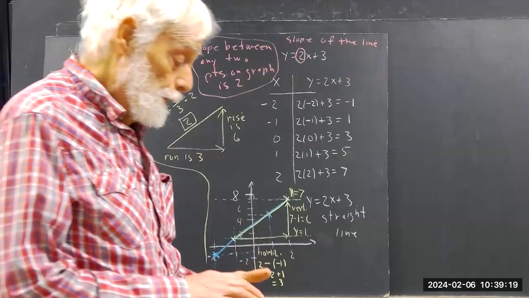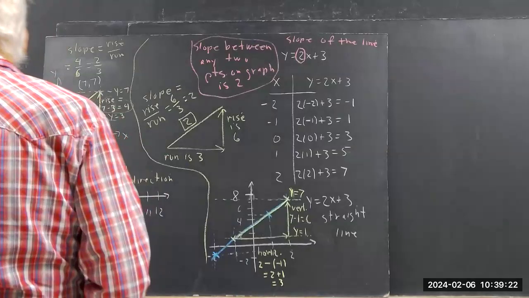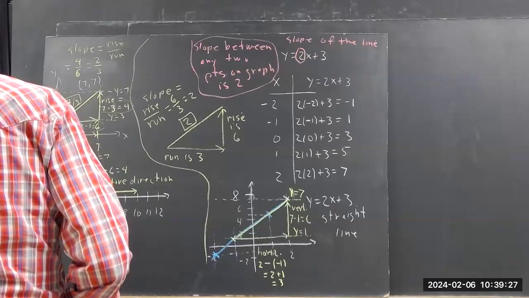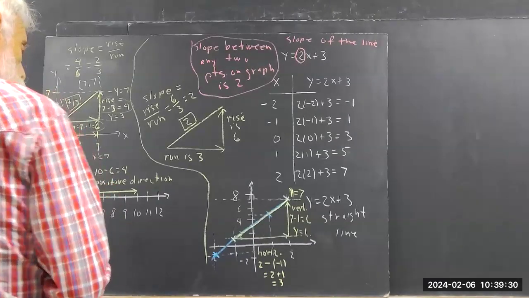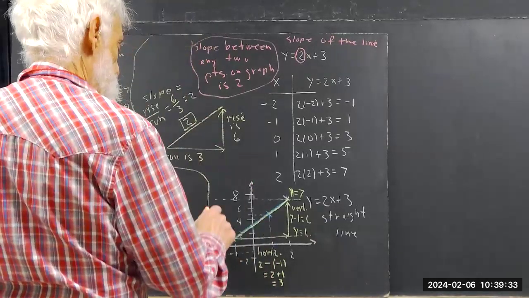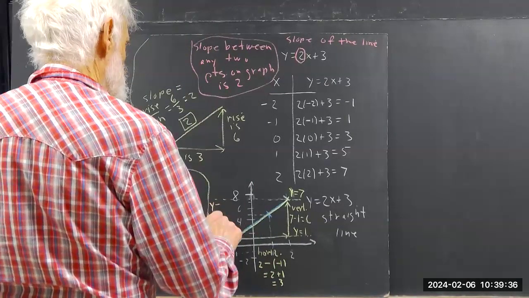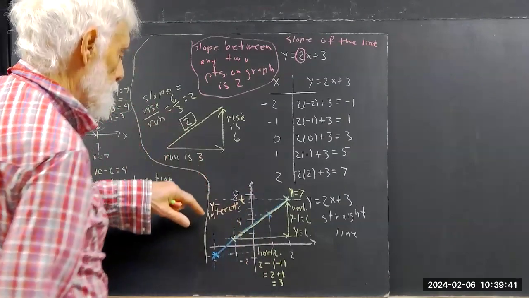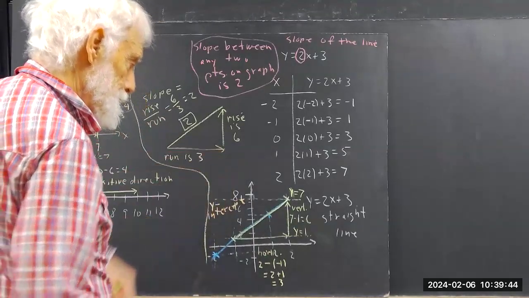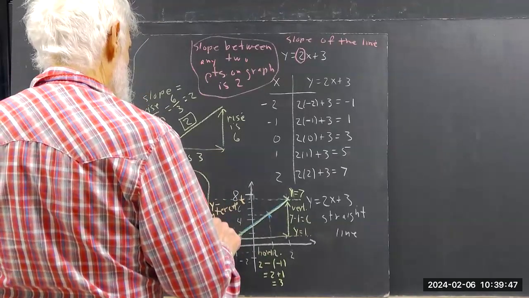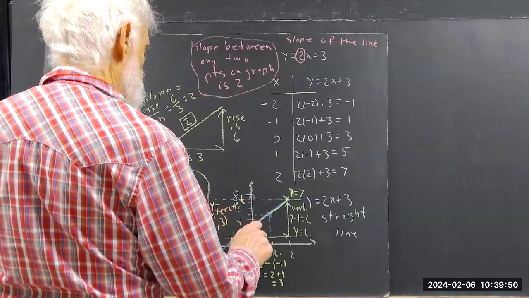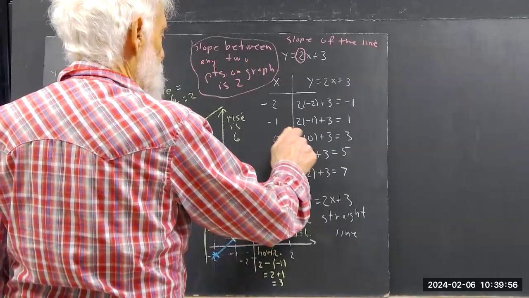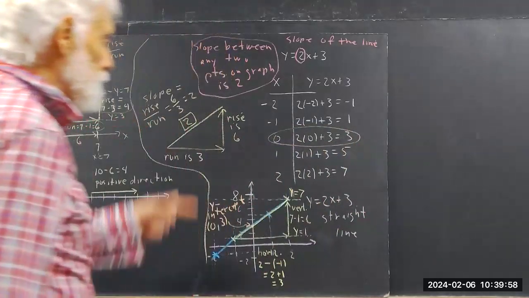Okay. Now, the other thing is, let's observe that the graph crosses the y-axis. You might not be able to read that word. It says y-intercept is at the point 0, 3. And of course, that happened to occur right here in the table.